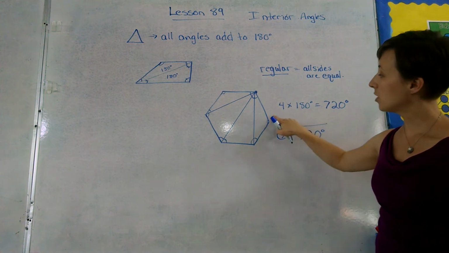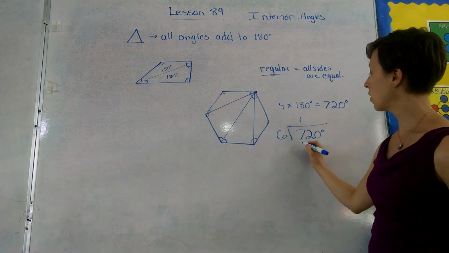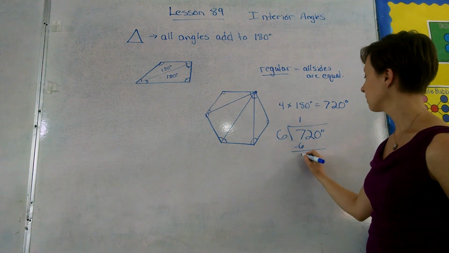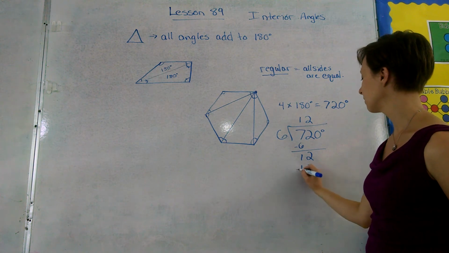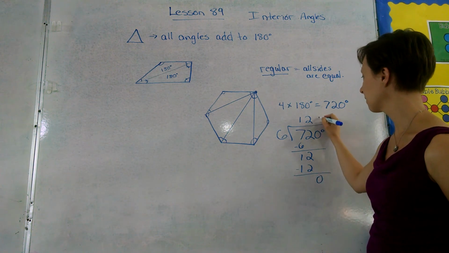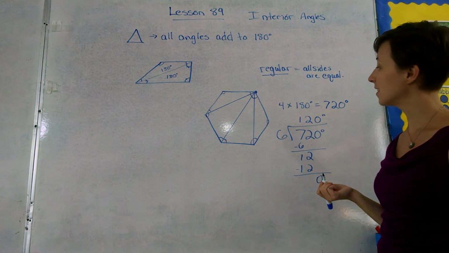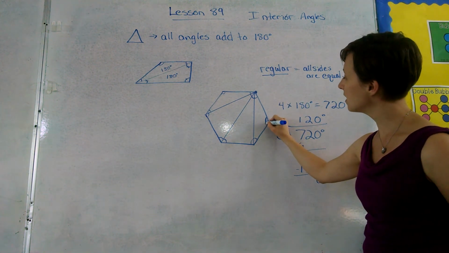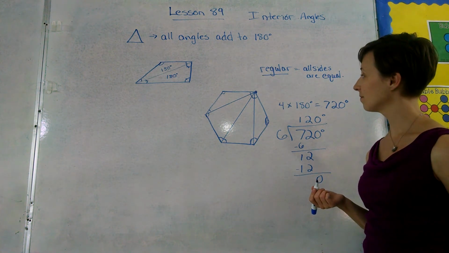Let's find out the measure of each interior angle. 7 divided by 6 is 1. 12 divided by 6 is 2. I get 120 degrees. That means that each of these interior angles is 120 degrees.